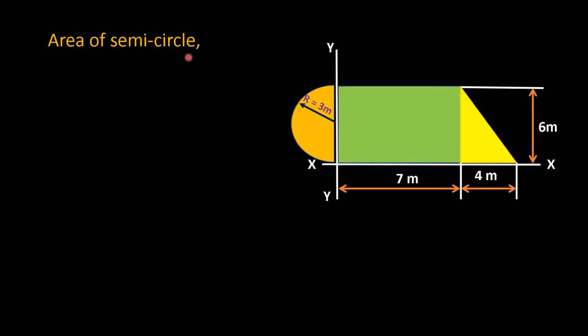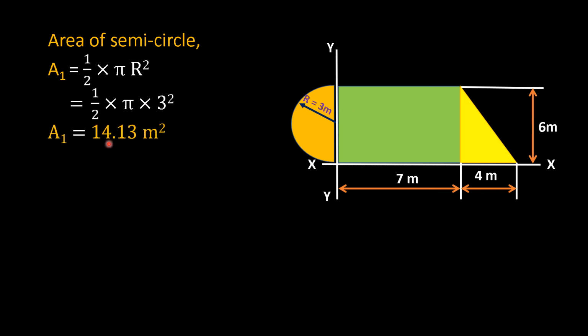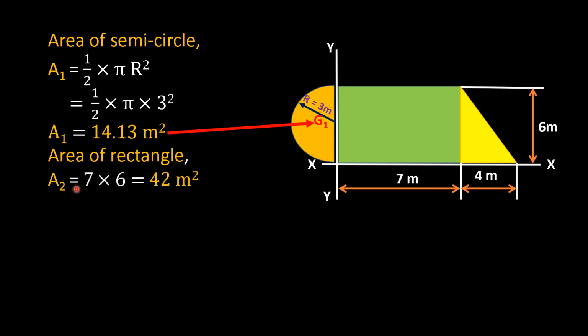Area of semicircle A1 equals half pi r squared, where r is 3. A1 is 14.13 meters squared. Area of rectangle A2 equals 7 multiplied by 6, which is 42 meters squared.